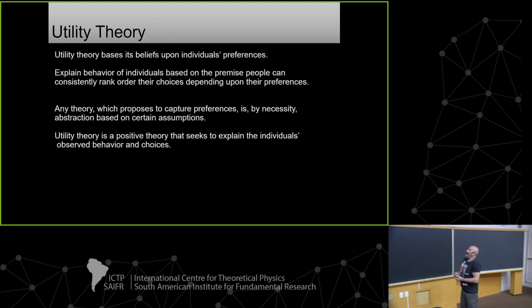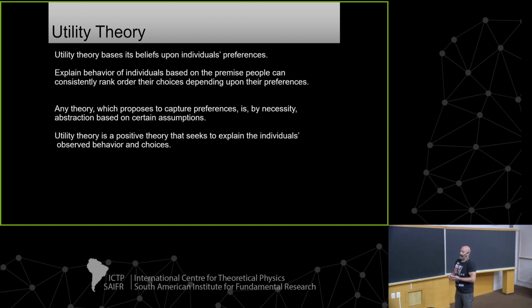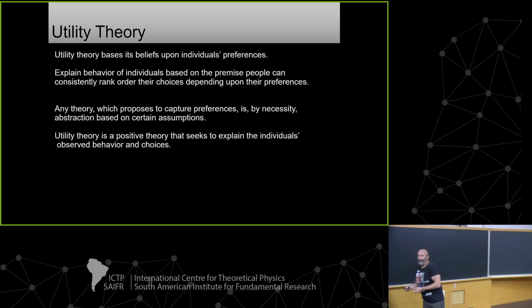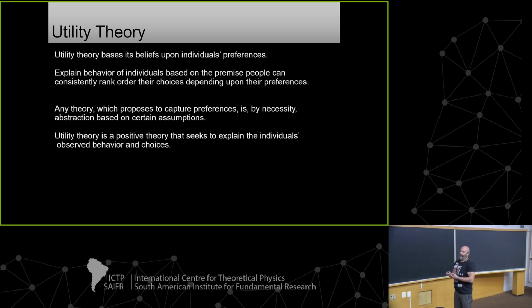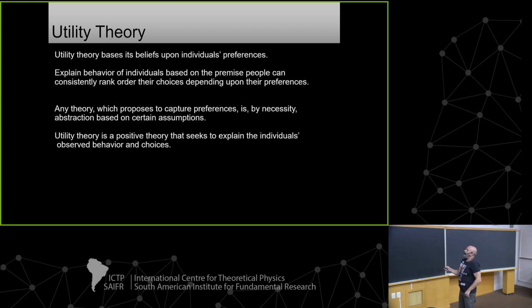So the idea is that there is something that is called the utility, and I will use this utility in order to rank my decisions. It's like evaluating which is the highest payoff, and my first choice will be the one with the highest payoff, the second with the second payoff. So the idea is that we can always define the utility of a given action and compare different utilities to decide what we are going to do at the moment of taking a decision.